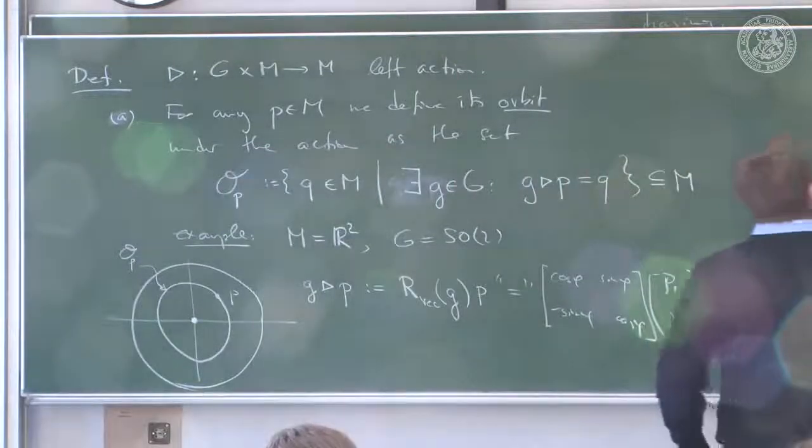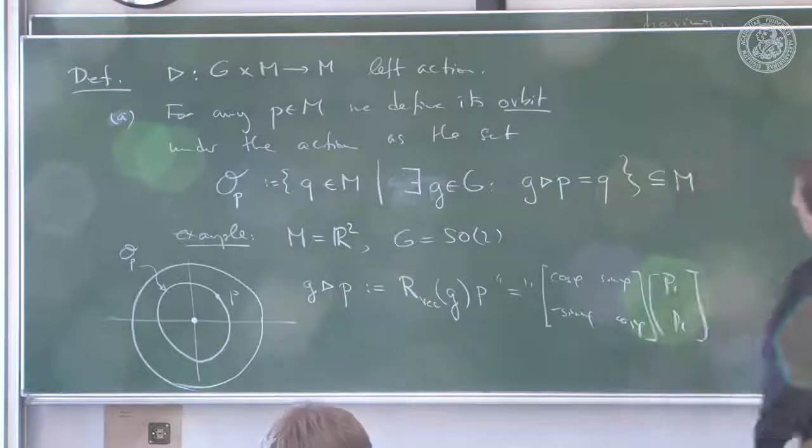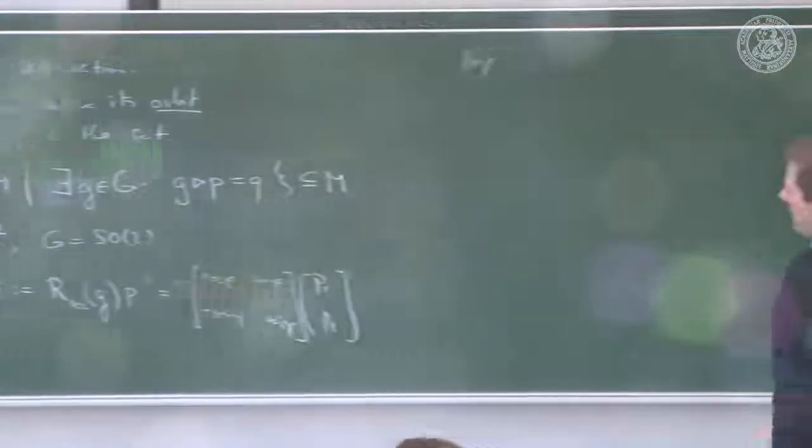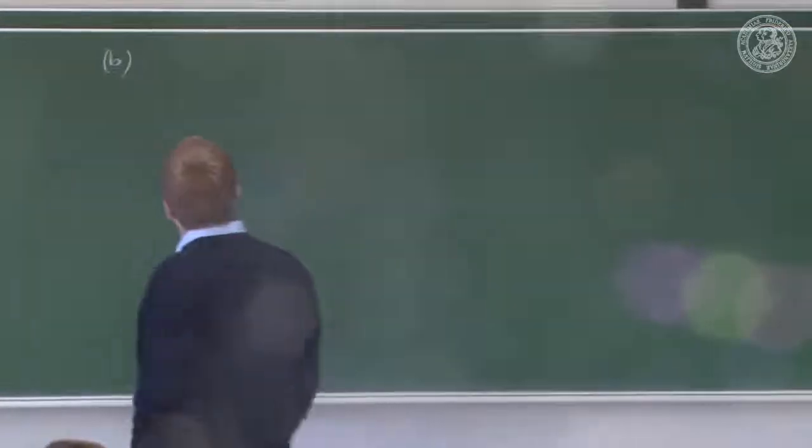So we have this. Once we have that, we can take B, but it actually belongs to A. We can define an equivalence relation.